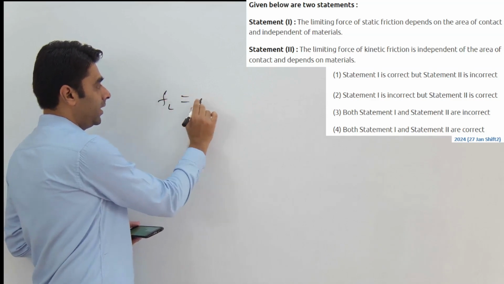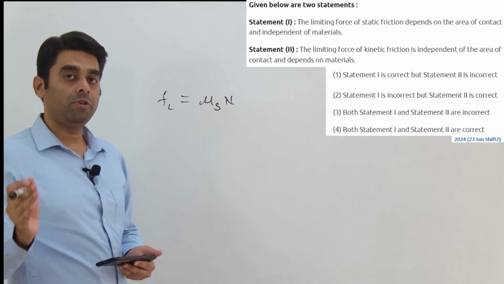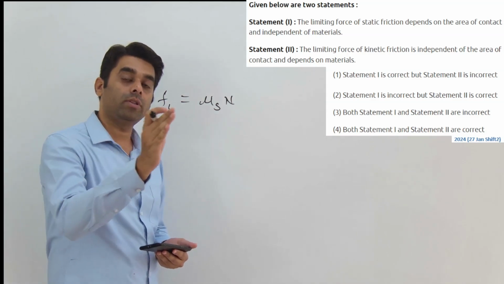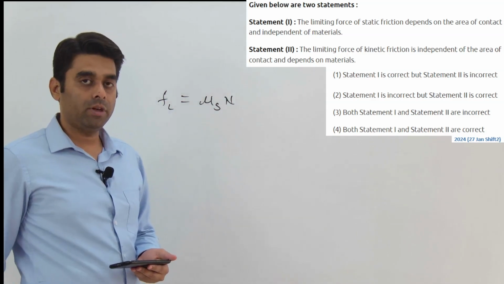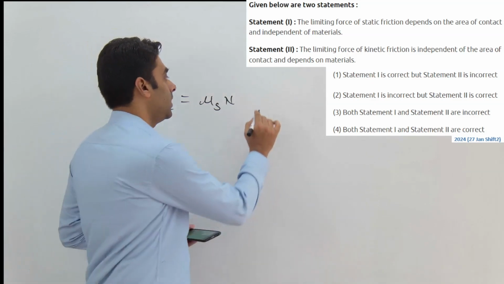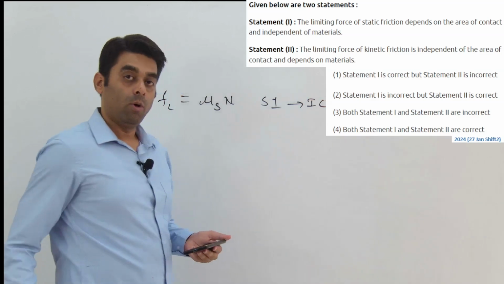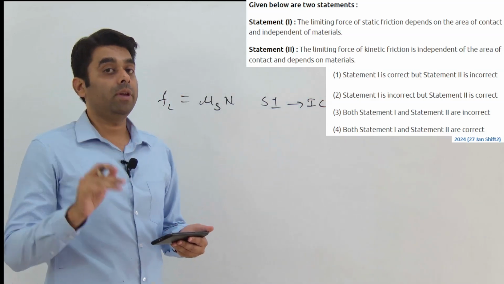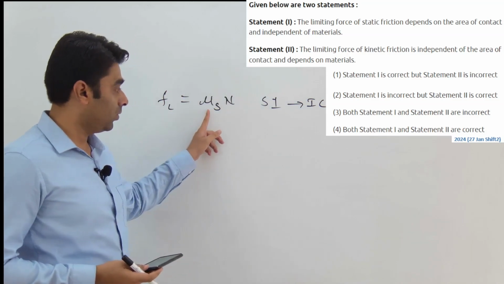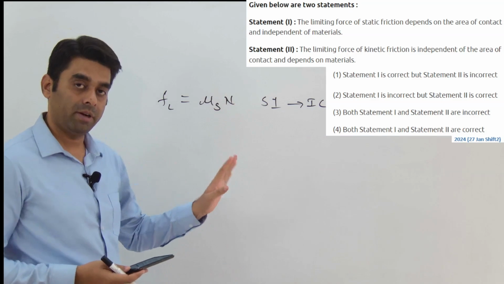So limiting friction is mu s into N. Now mu is the coefficient of static friction, which depends on the nature of material. That implies this statement is wrong. Also, it does not depend on area of contact. Your friction depends only on the material and the normal force. So statement 1 is false.